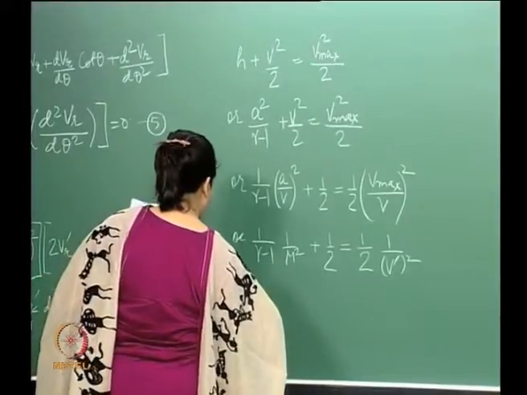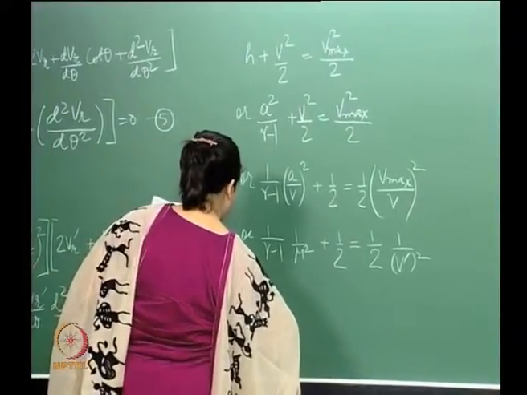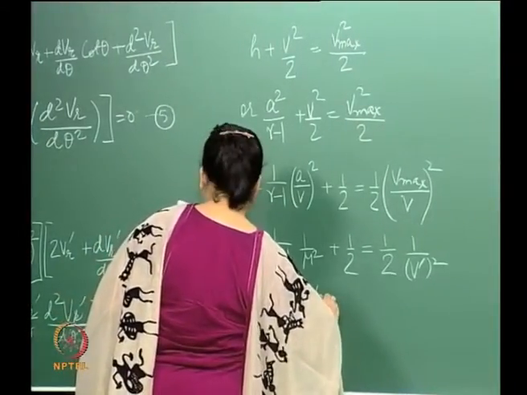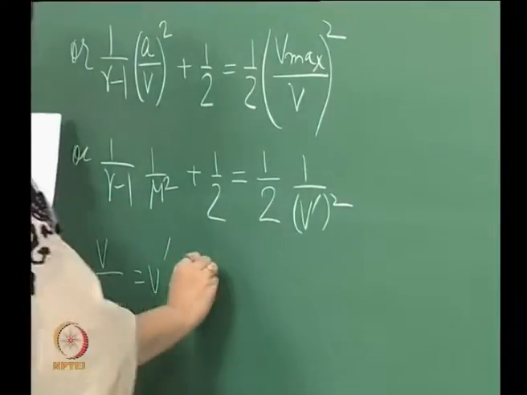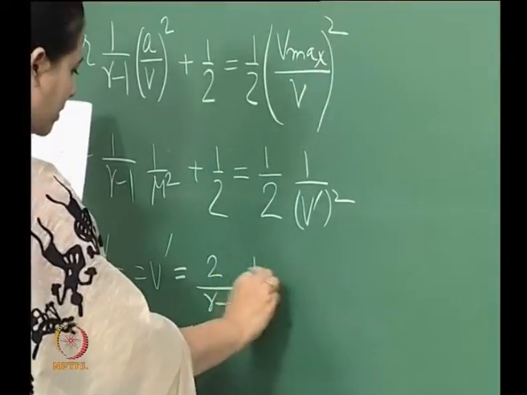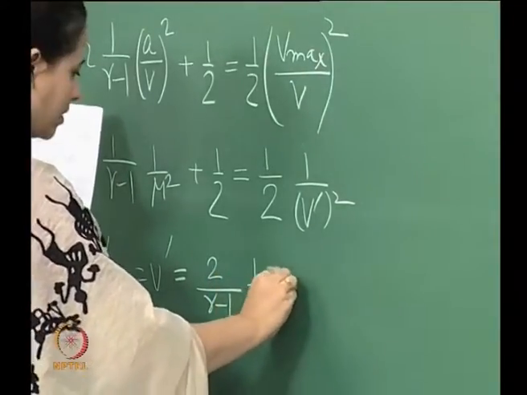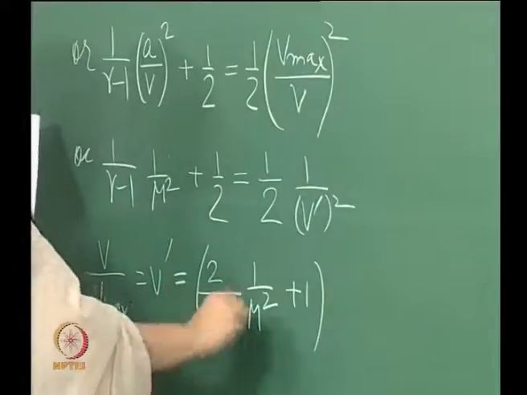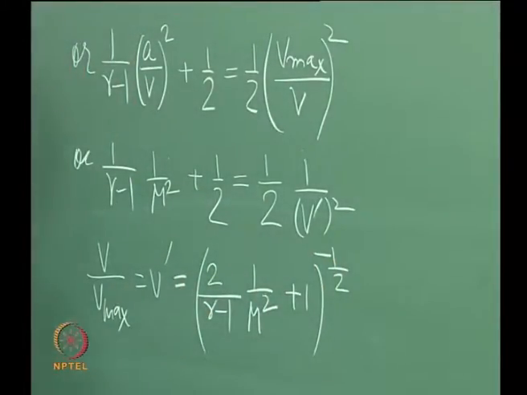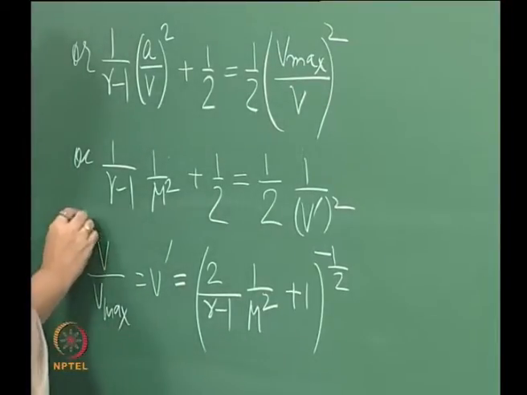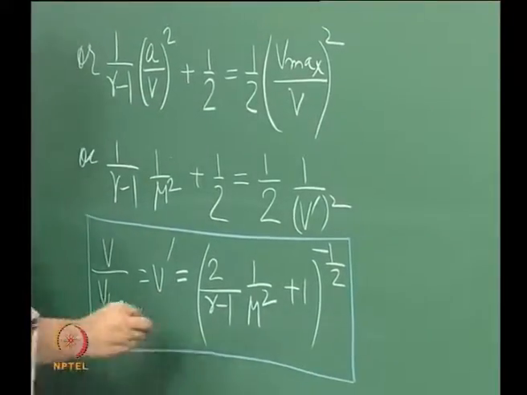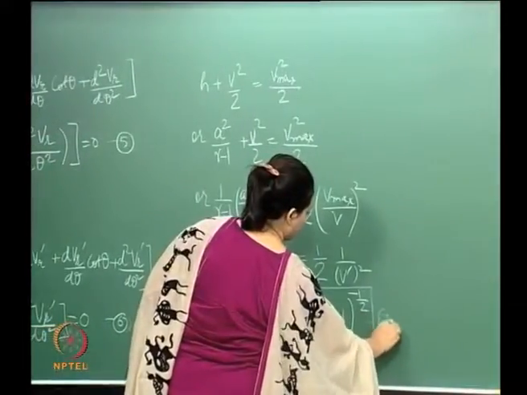So v by v max, which is equal to v dash, is therefore equal to this. This is a relationship which is interesting, so let us call this equation 7.